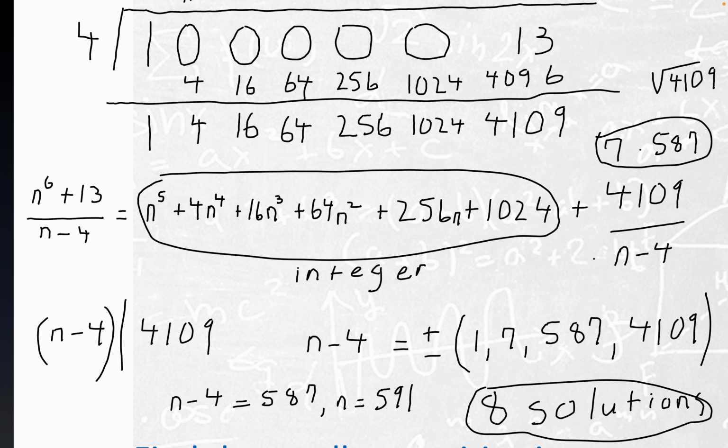And you can see that if you put 591 right here, you get 587 back, which would cancel with this factor right here to give you an integer value, 7. But in any event, we've just counted them, and that is the answer.